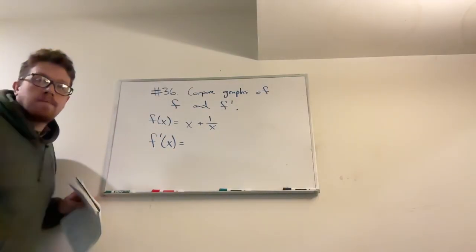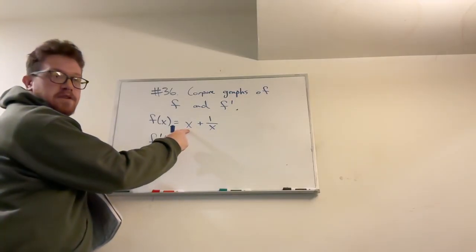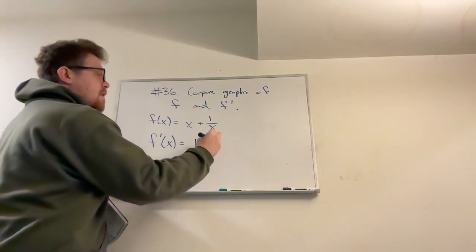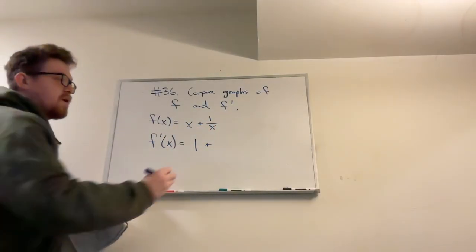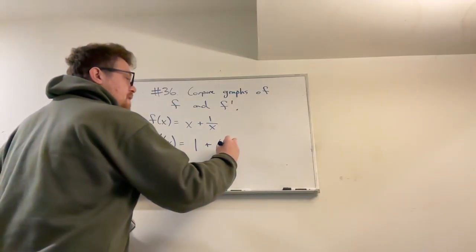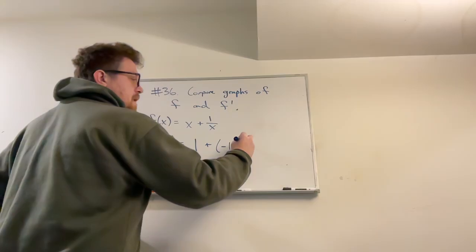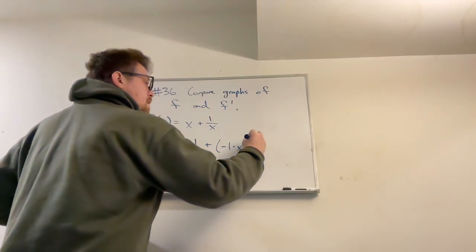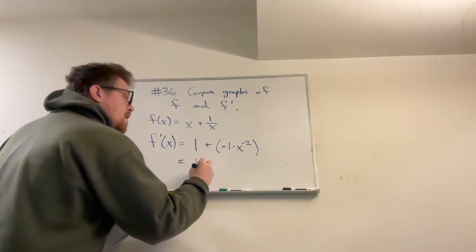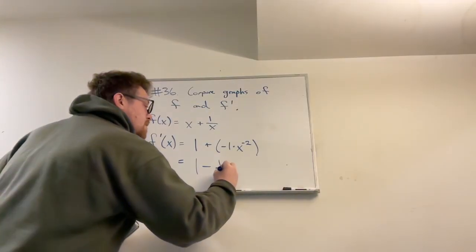of a sum, it is the sum of the derivatives, so the derivative of the first function x is just 1. The derivative of x to the negative 1 is, I pull down the n, which is negative 1, times x to the negative 1 minus 1, which is negative 2. Or in other words, this is negative 1 over x squared.